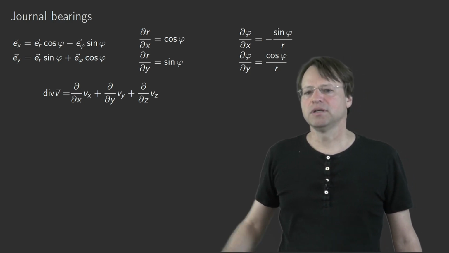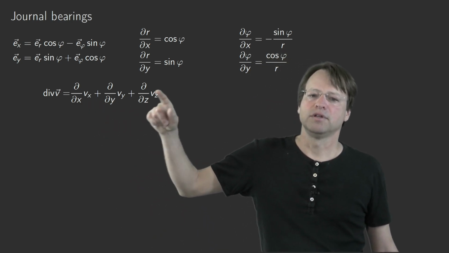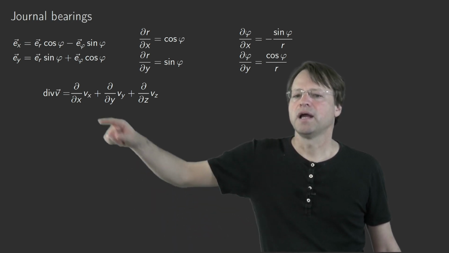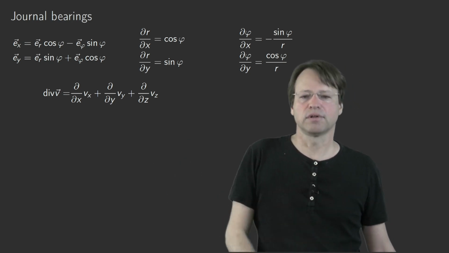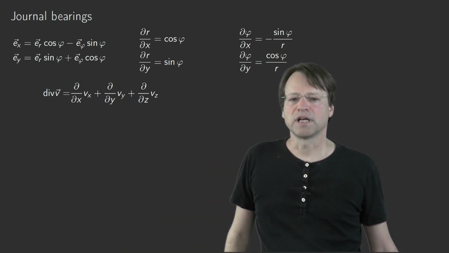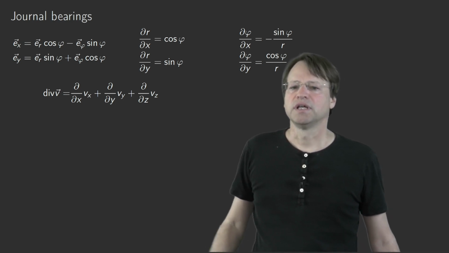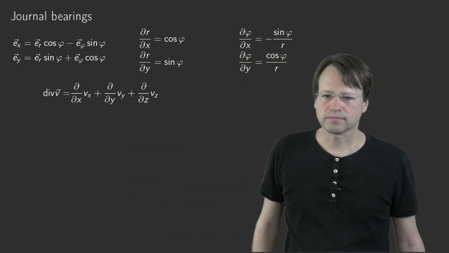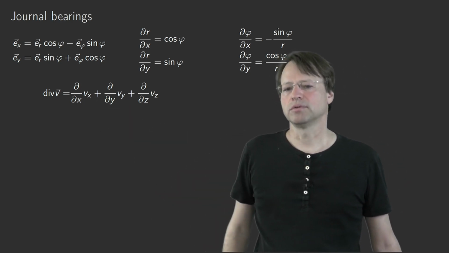So what can you see? Well, the divergence is computed by just taking the individual Cartesian coordinates of the velocity vector and taking the corresponding partial derivative and then adding everything up. If we want to transfer this result to polar coordinates, we have to transform each of the differential operators, and we have to transform also the vector components.